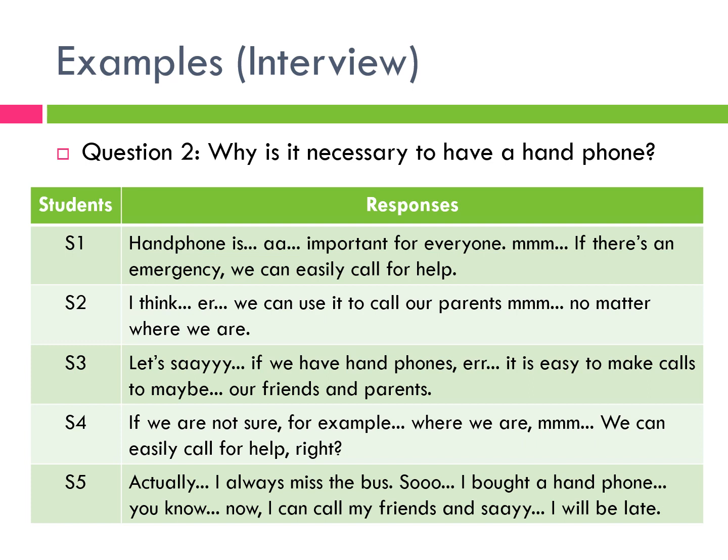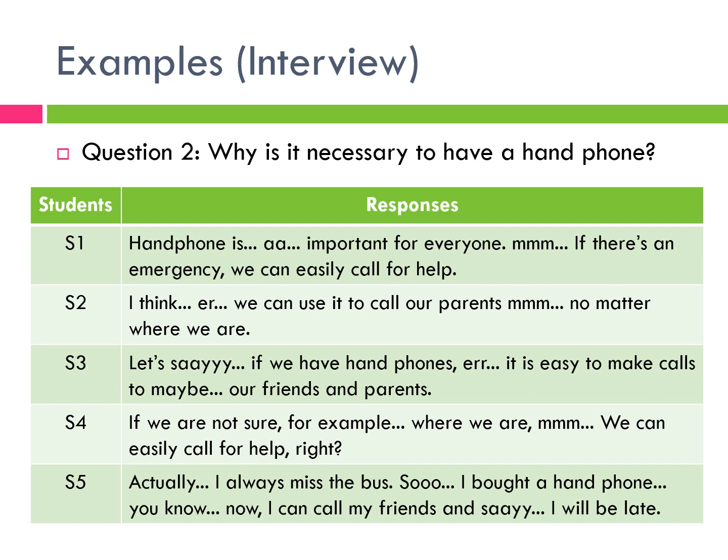If you have an interview, for example, like here in this example, question 2, why is it necessary to have a handphone? I told you earlier, if you have data like this, first thing first, you need to transcribe, especially for interviews. You need to make sure that you have the transcription for each respondent.